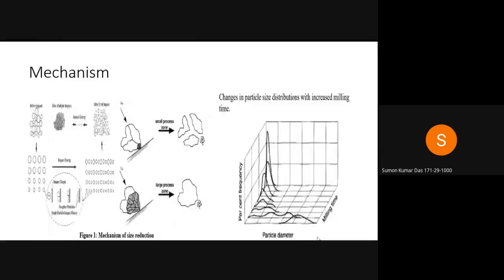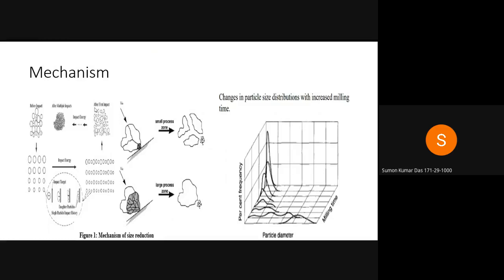Here it shows two figures on the mechanism of size reduction, and here is the diagram. In this figure we can see the initial stage of the particle before impact. Now when we apply impact energy to this particle, we find this type of material.